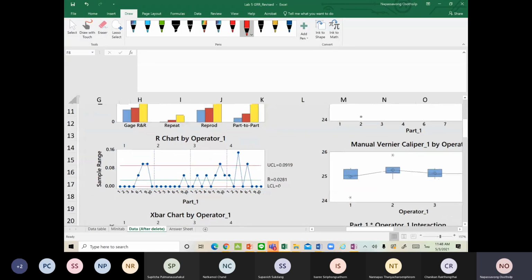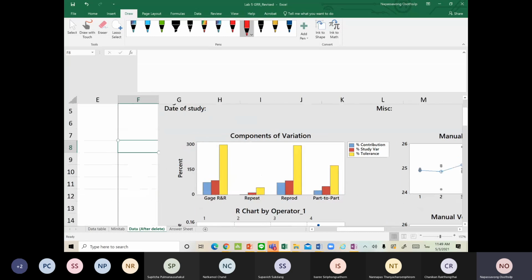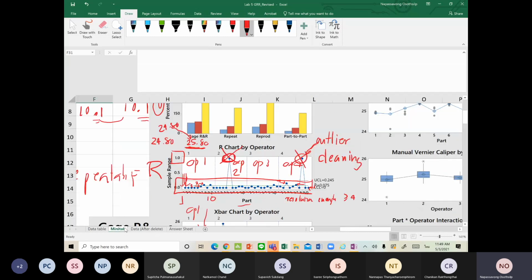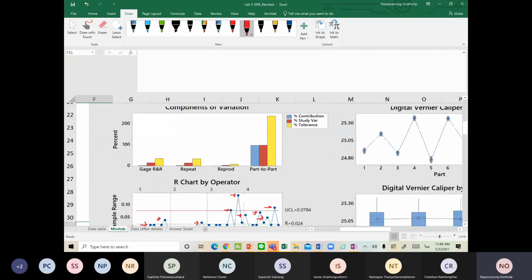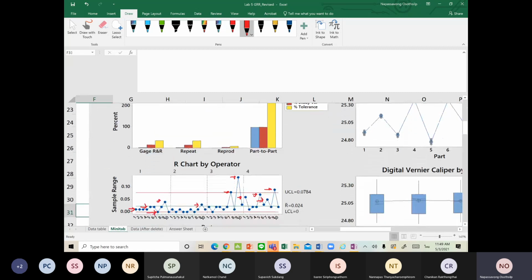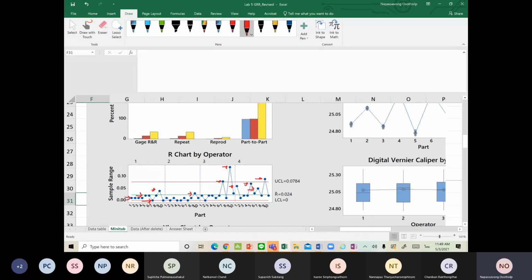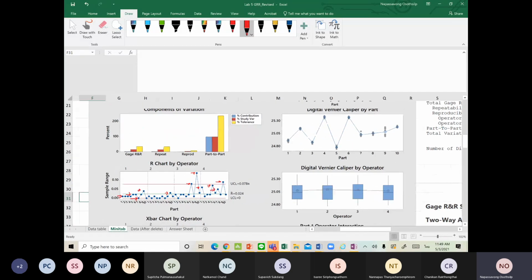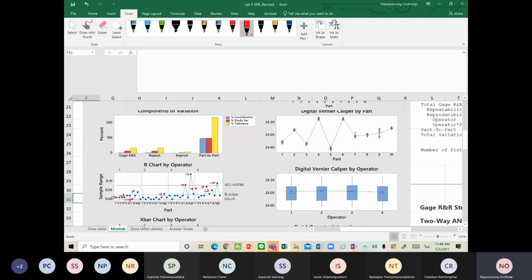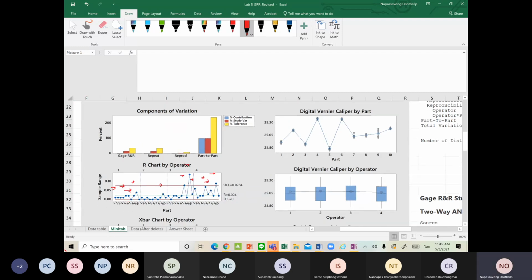So next you have to use this data set to do further analysis, whereas the digital vernier results don't give you abnormal data points, so you can use the original data points for the digital vernier.